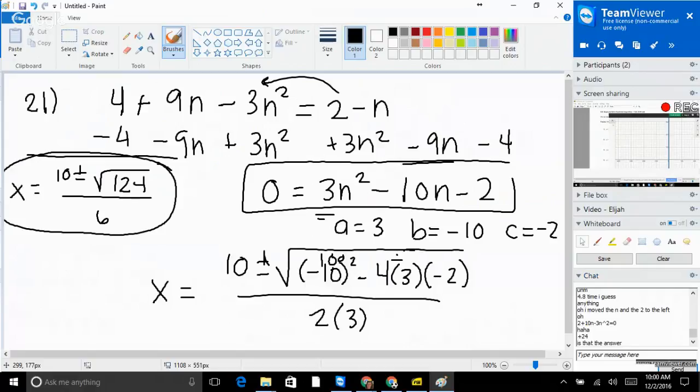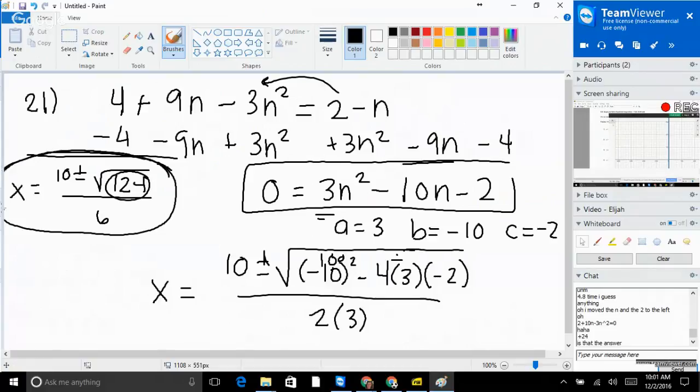I'm pretty sure in the back of the book they're not going to leave it that way. I haven't even looked, honestly. How do they have it written in the back of the book? Oh, in the back of the book, they actually have it kind of written like that. They simplified it a little bit. So they actually leave it as that kind of radical. What they did is they said, oh, well, we can pull some numbers out of this.